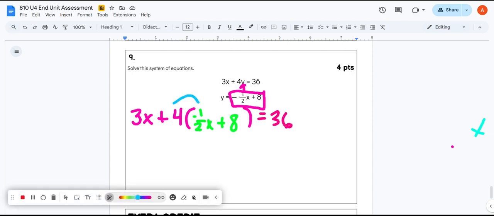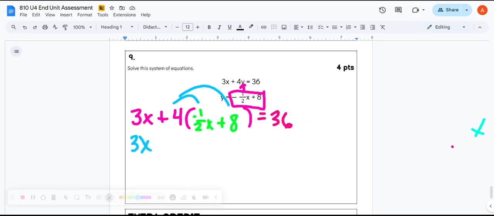Starting off, distributing, and now you have 3x, don't forget about that one, plus a negative 2x plus 32 equals 36.